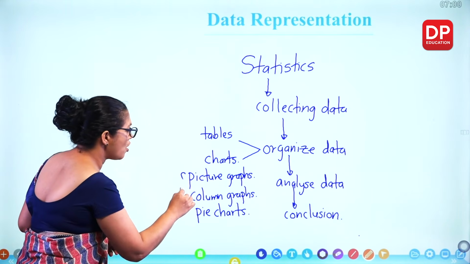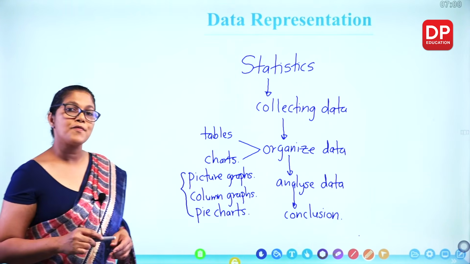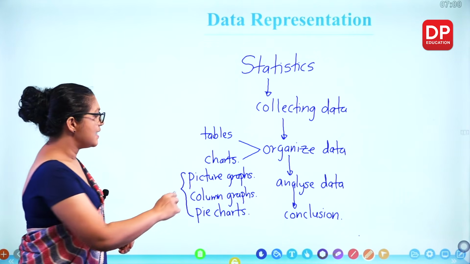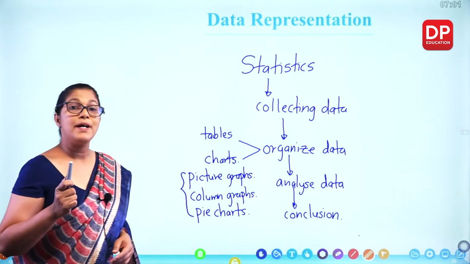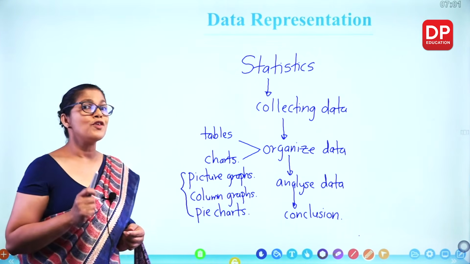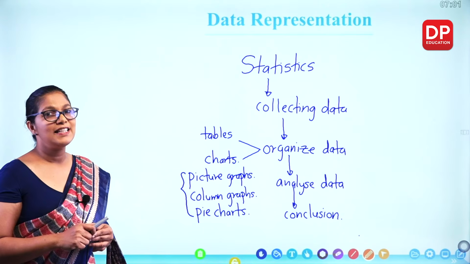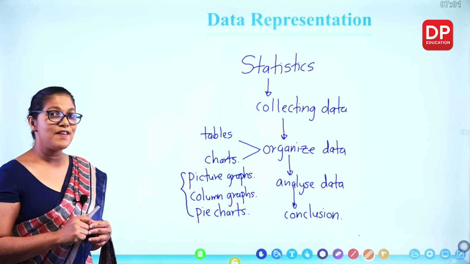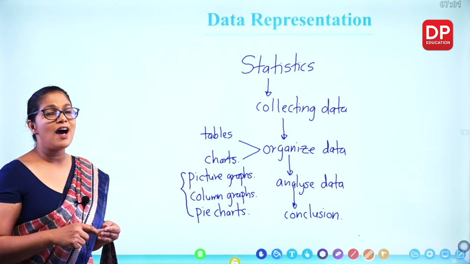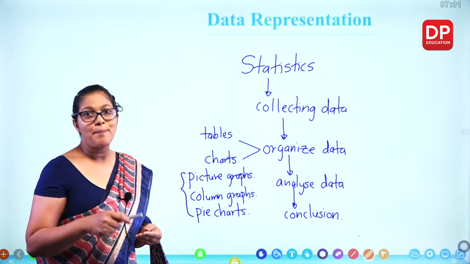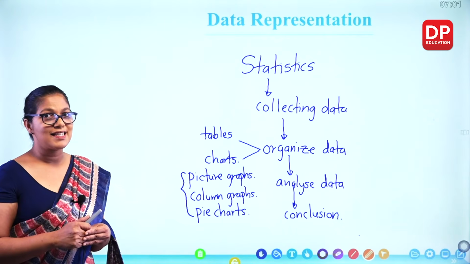So when you draw charts or graphs, visually we can see it clearly and anybody can understand. So here, have you seen these graphs recently? In election time, when you were looking at the TV, you see pie charts, column charts representing the parties with their colors.